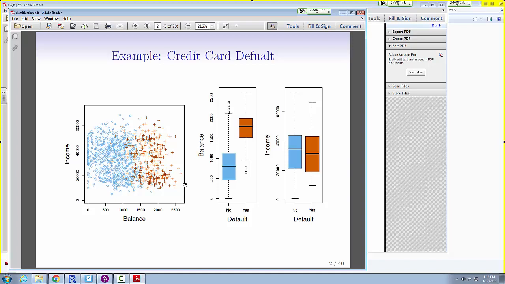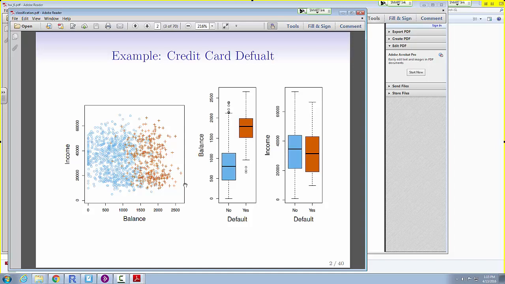And on the right, those two box plot panels show us, for the two variables individually, are they informative? Are they discriminatory? This is what I'm talking about when I say, are they informative? Balance is, income isn't.